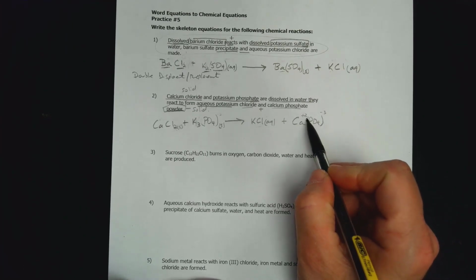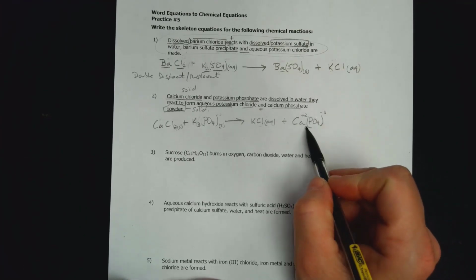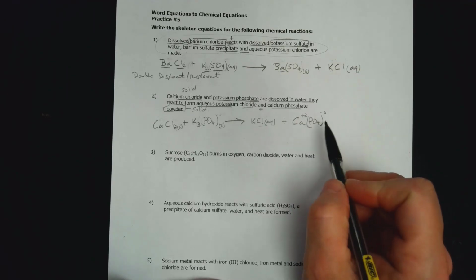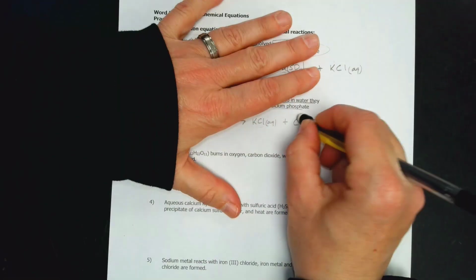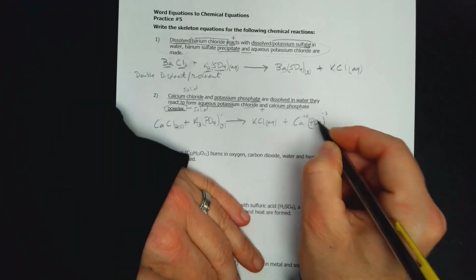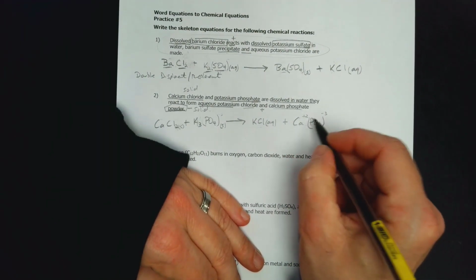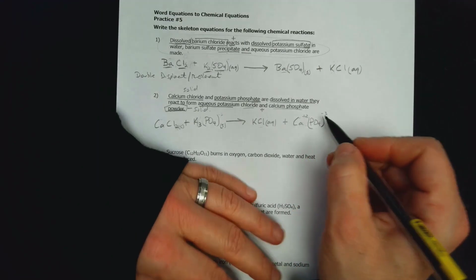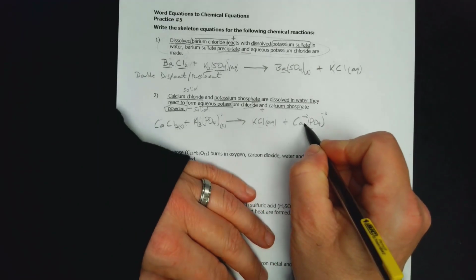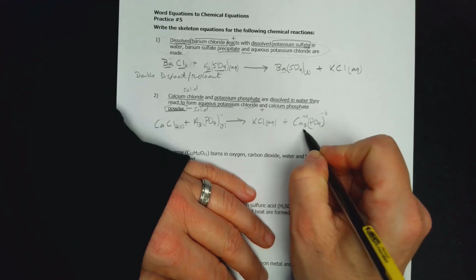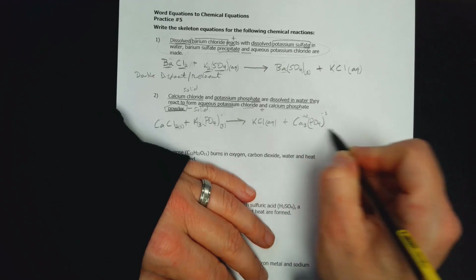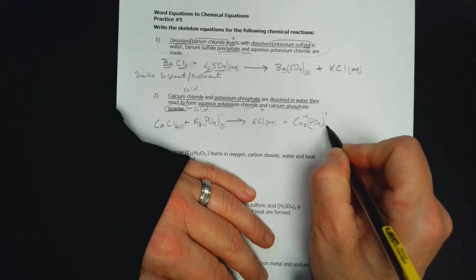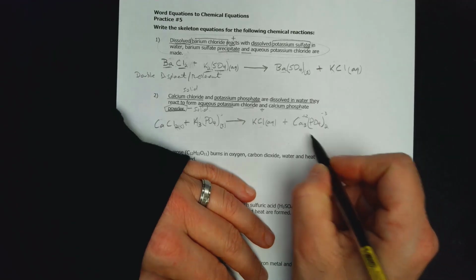What is a number that 2 and 3 have in common? That number is 6. If I want these charges to work out, the overall charge still has to be 0. Now, if I put a subscript of 3 on calcium, and a 2 on phosphate, let me show you what happens.